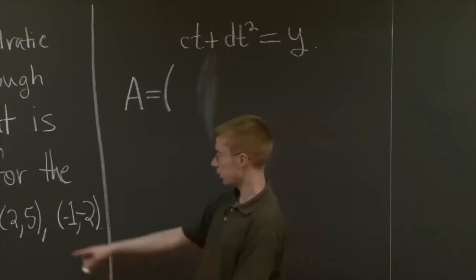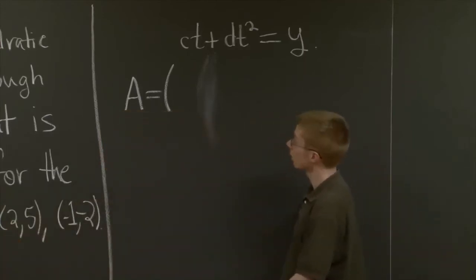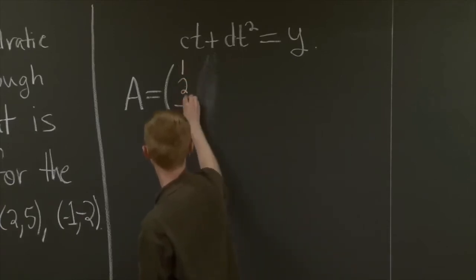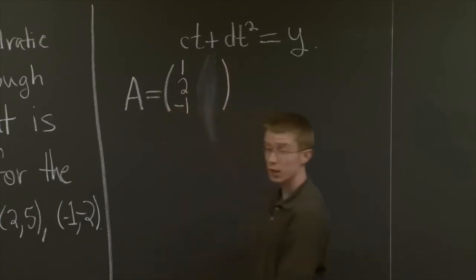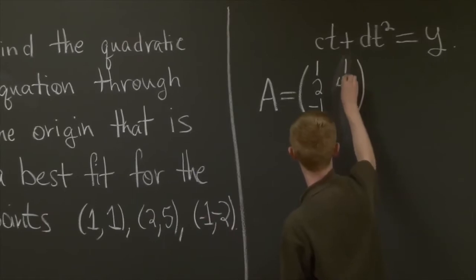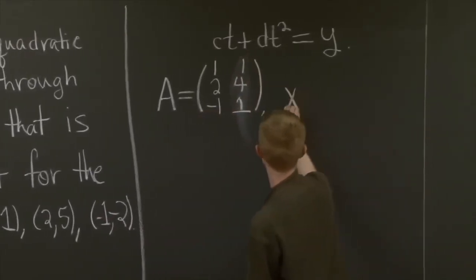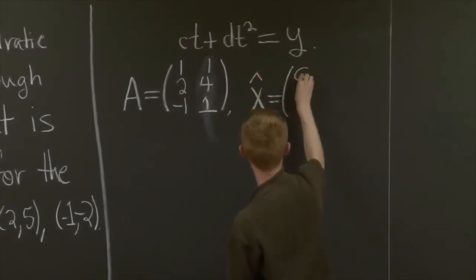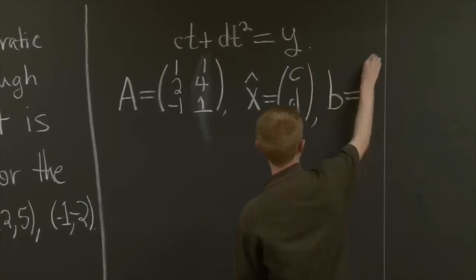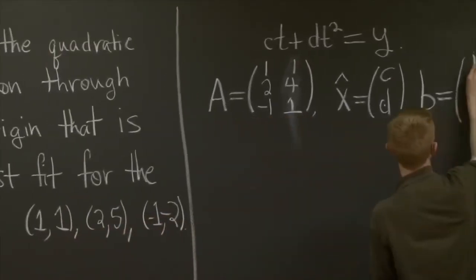Well, let me start with the first coordinate of these 3 points, and I'm going to put them in the first column of this matrix, 1, 2, -1, and then my second column is going to be the squares of these first coordinates, 1, 4, and 1. And my x hat, that's just C and D, and my B, this is going to be the second coordinates, 1, 5, and -2.